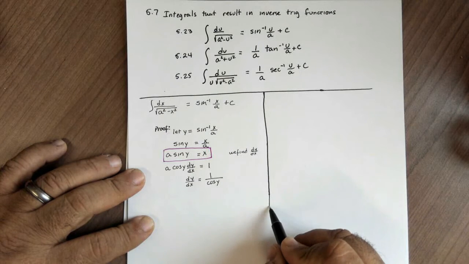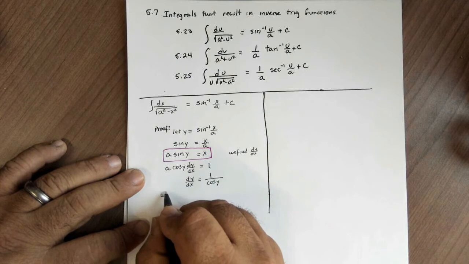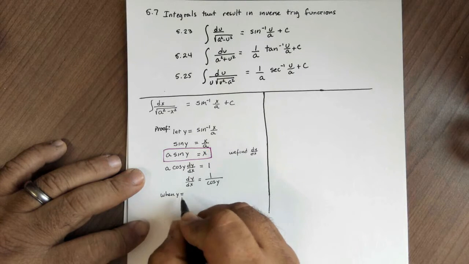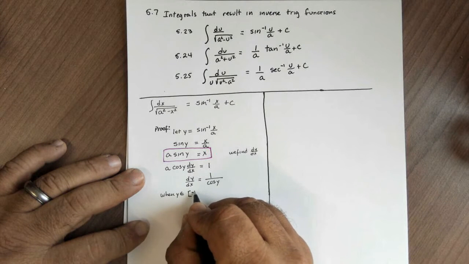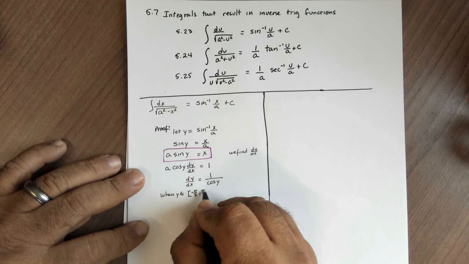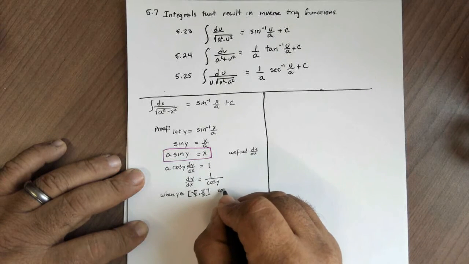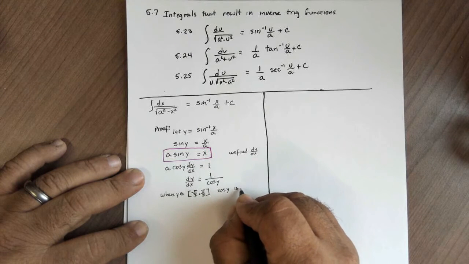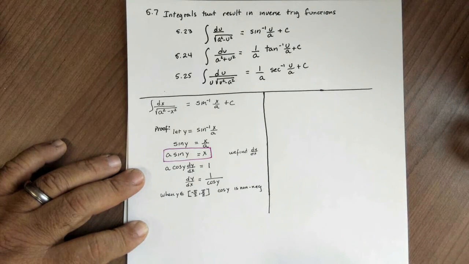So here's what happens. Again, remembering that when y is an element of minus pi over 2 to pi over 2, which is where this is going to happen, the cosine of y is non-negative. So without loss of generality, we're going to use the Pythagorean identity, and we can drop the plus or minus because we know that it's going to be positive.